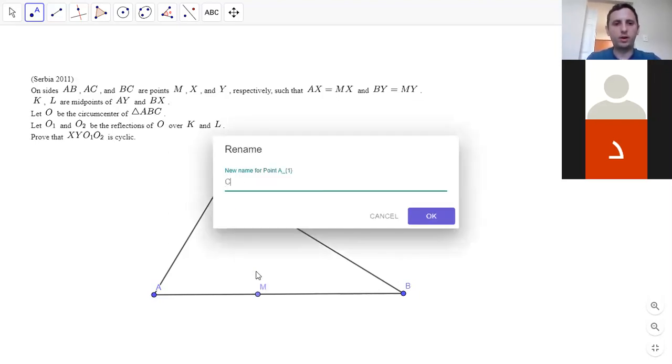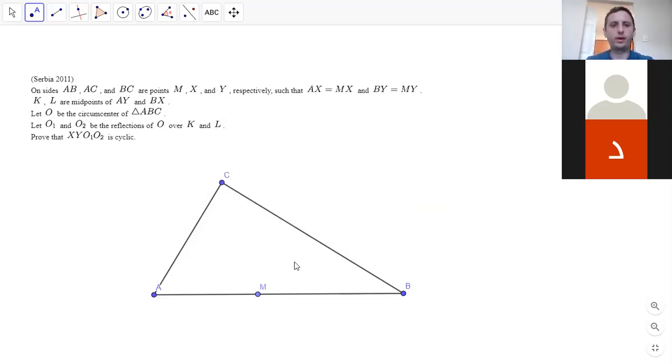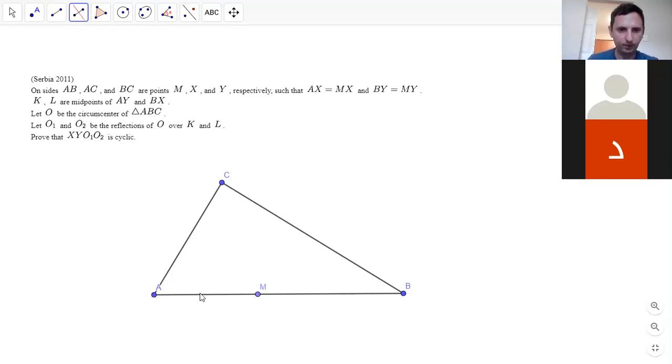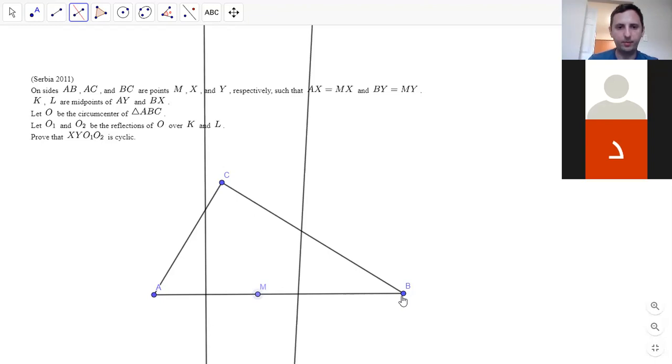And then we want AM is equal to MX and BY. Wait, AX is equal to MX. So draw the perpendicular bisector of AM and draw the perpendicular bisector of BM.